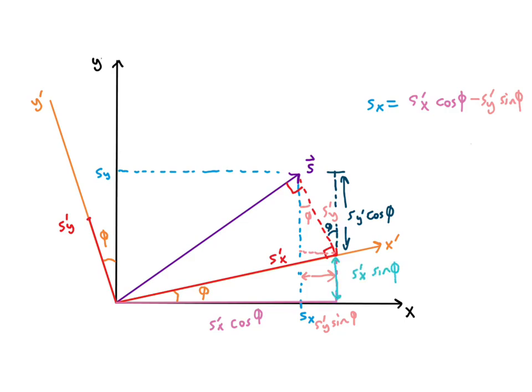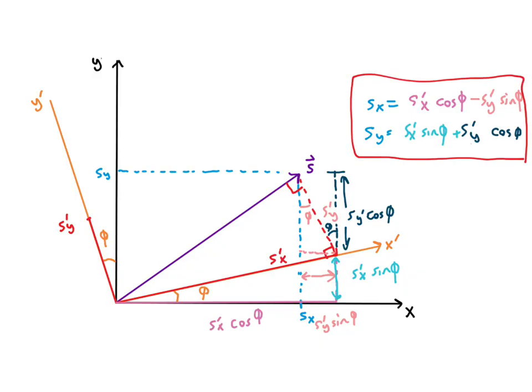And so the book also has some drawings, so if this did not make sense, that's okay. The key takeaway is going to be this equation: sy is equal to s prime y cosine phi plus s prime x sine phi.